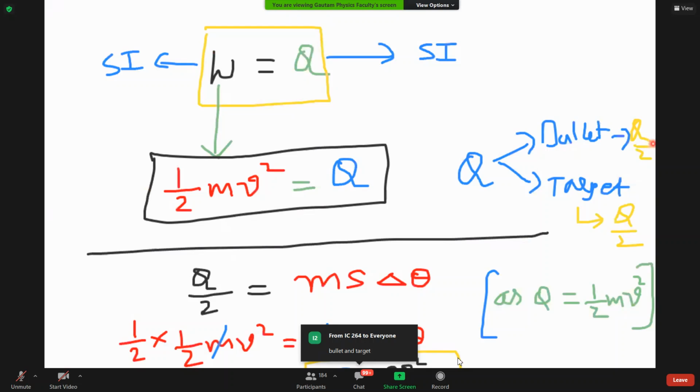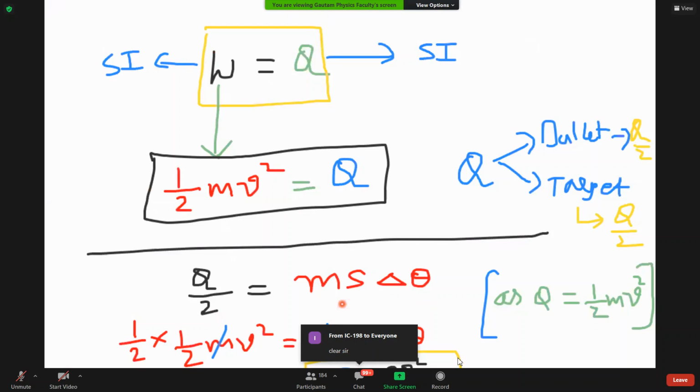Q by 2 is given to the bullet and Q by 2 is given to the target. That Q by 2 is the bullet's temperature rise.